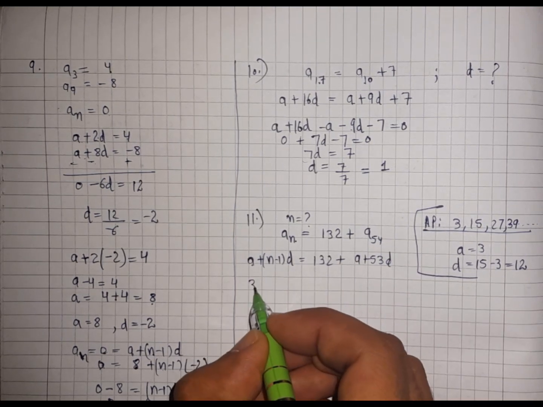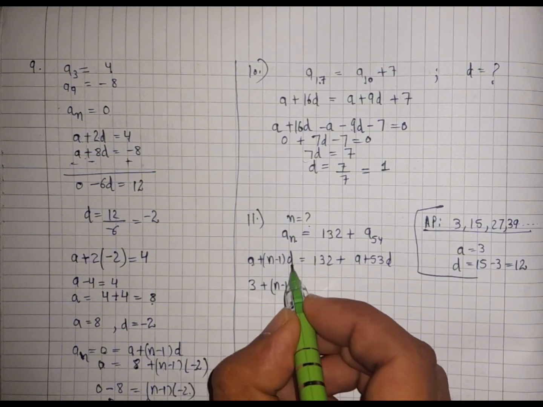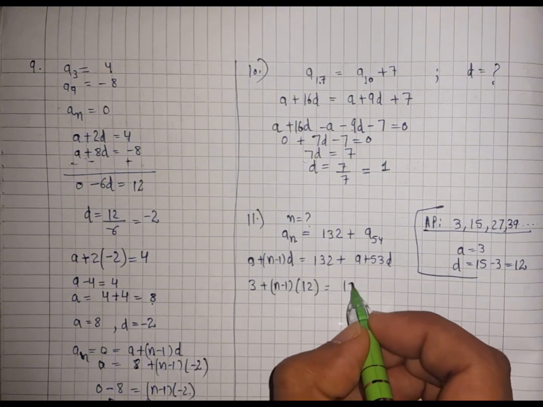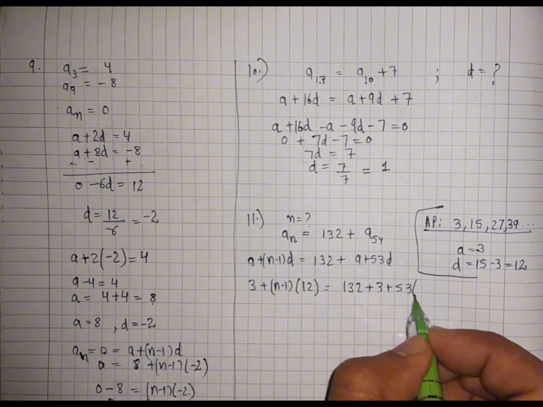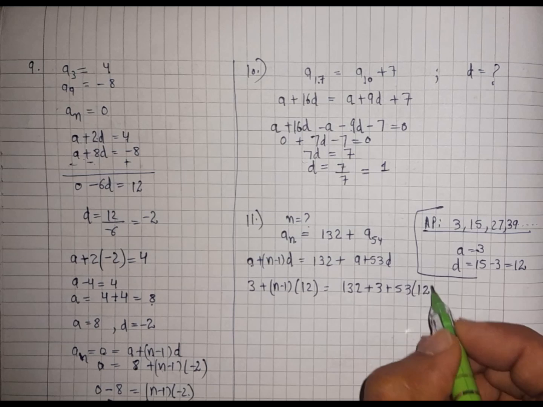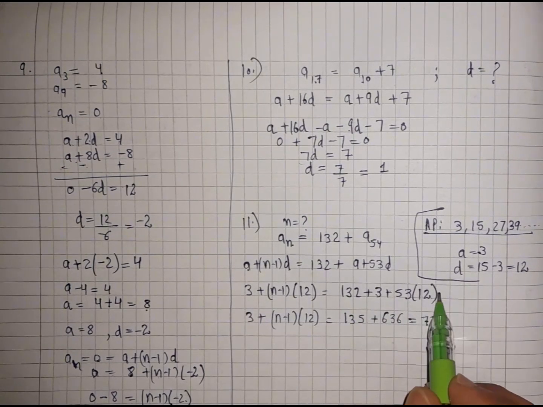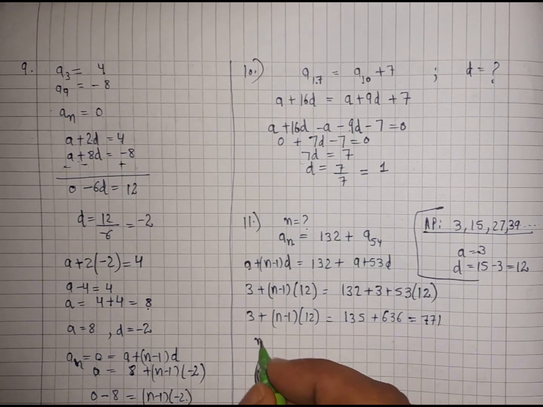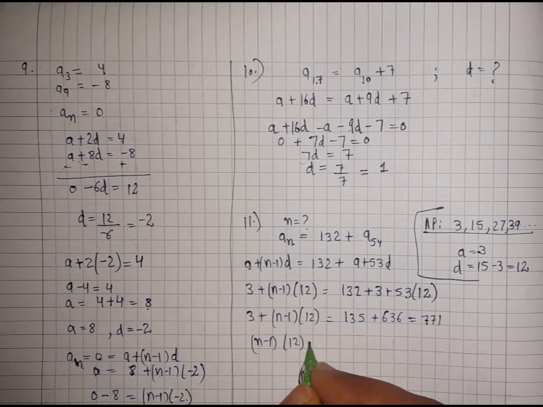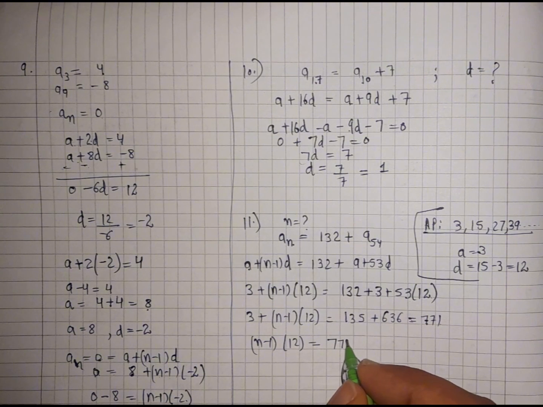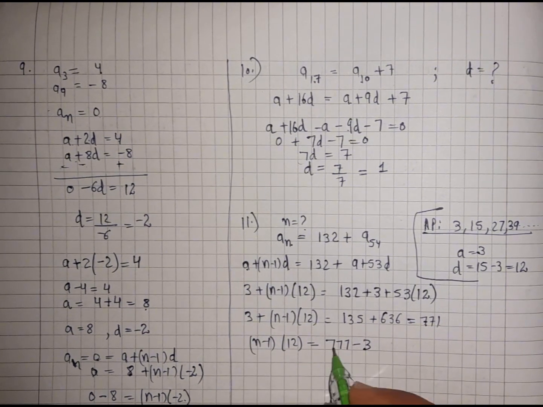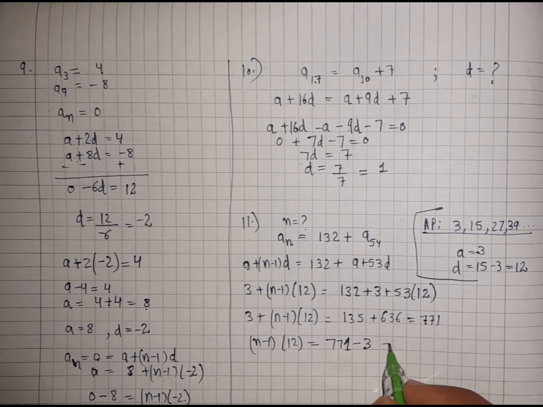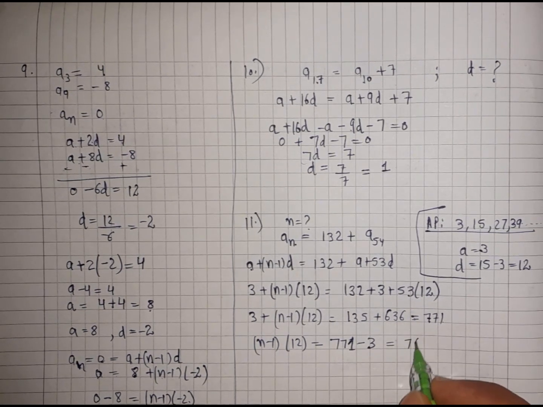So a = 3, n minus 1 as it is, d = 12, 132 + a = 3 + 53, and d = 12. Now the right hand side after solving will become 771. So (n minus 1) into 12 = 771 minus 3 after taking 3 to the right hand side. So after subtracting these two numbers, we will have 768.